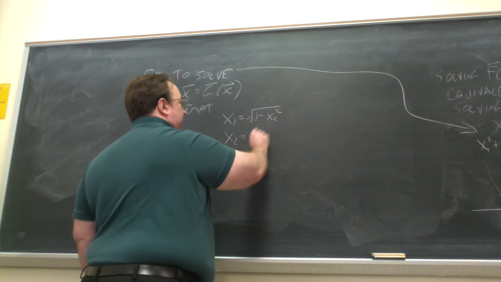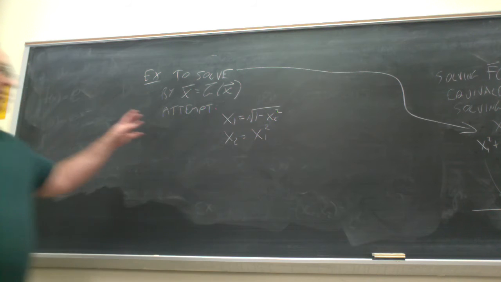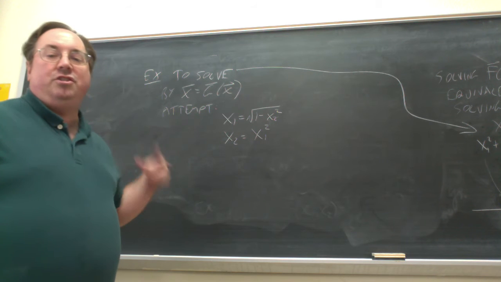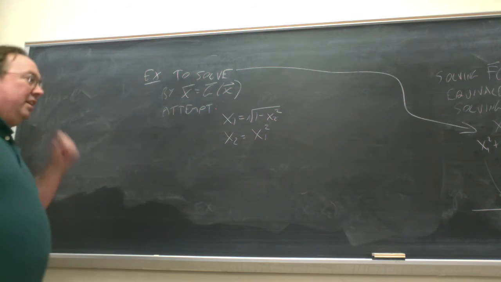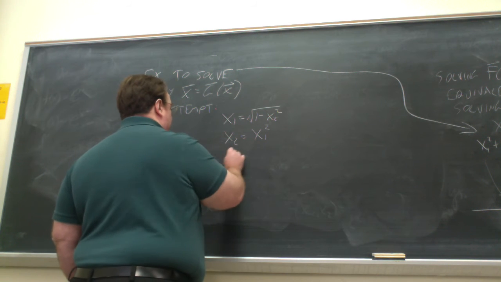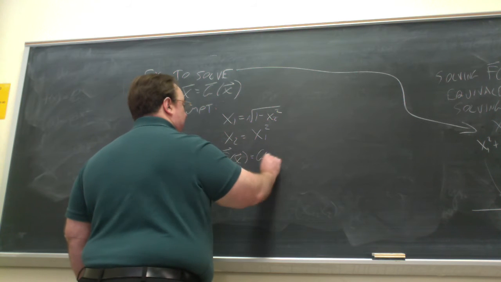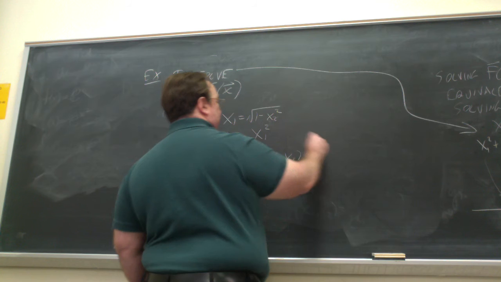So x2 is equal to x1 squared. This system of equations is equivalent to the original, because all it does is rewrite the equations, but it's now in the form x equals g of x. So g of x, which is g of x1 and x2, is equal to these right sides.